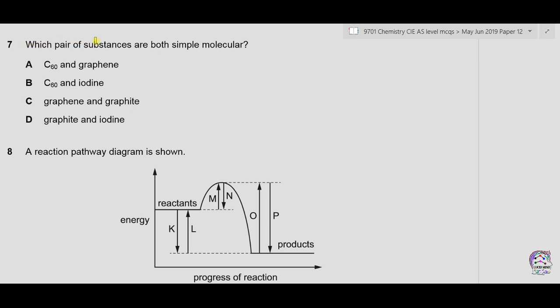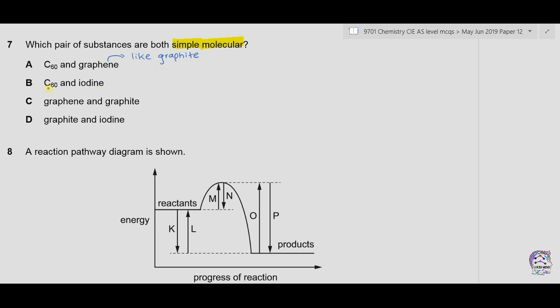Question number 7. Which pair of substances are both simple molecular? A is C60. Now C60 is a molecule of buckyball. It is a simple molecular substance. And graphene is like graphite. So therefore it is not simple molecular, it is giant covalent.